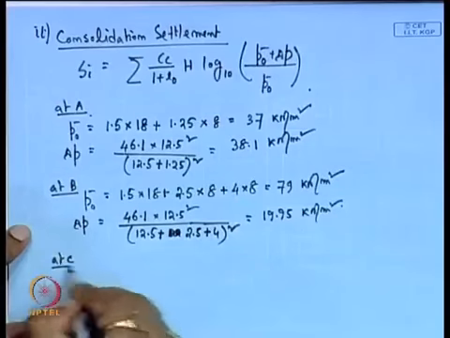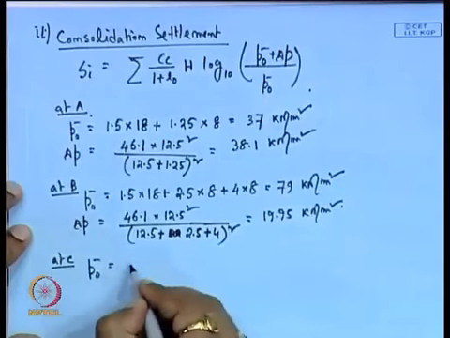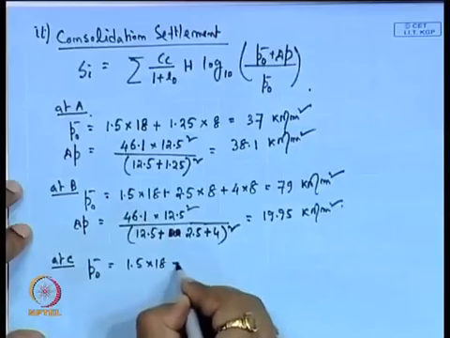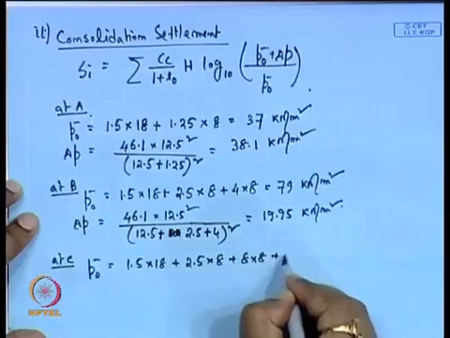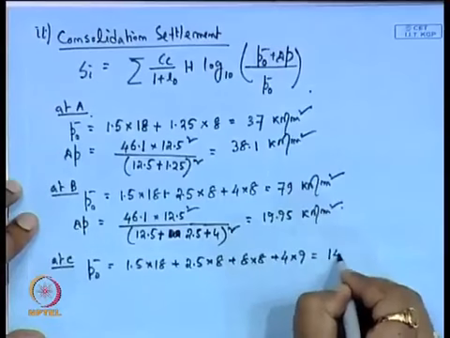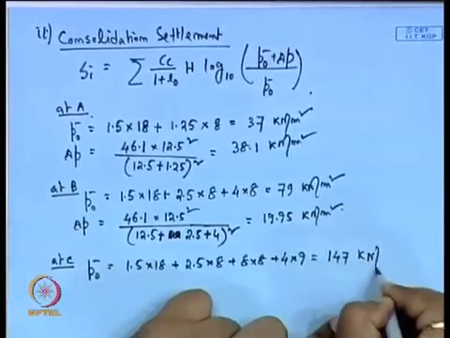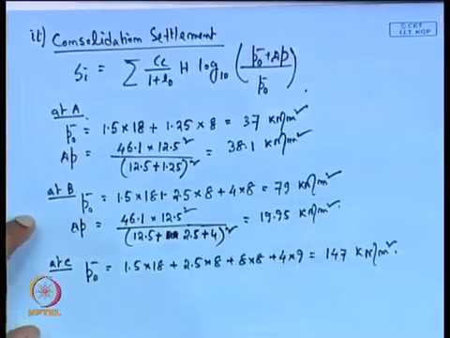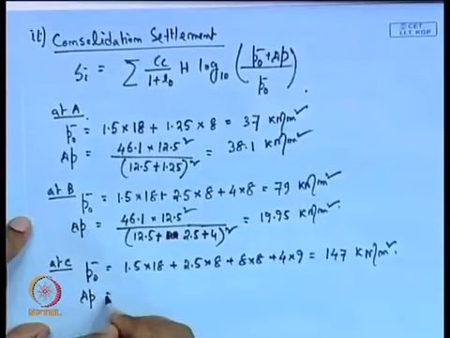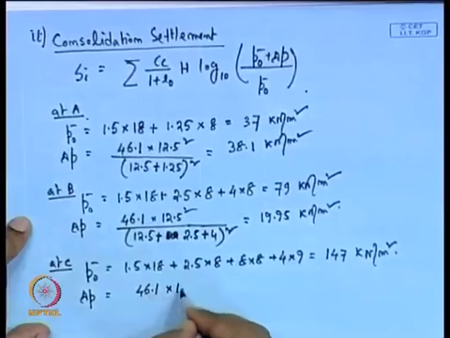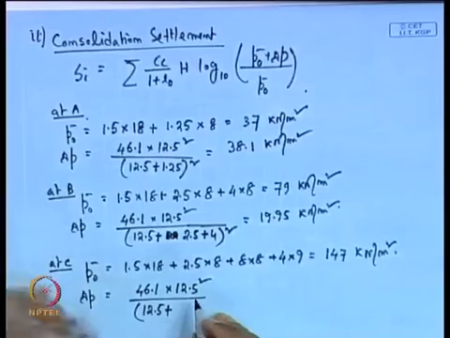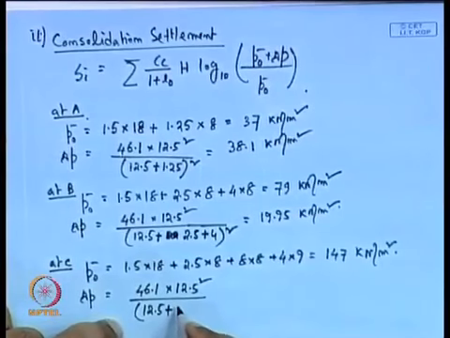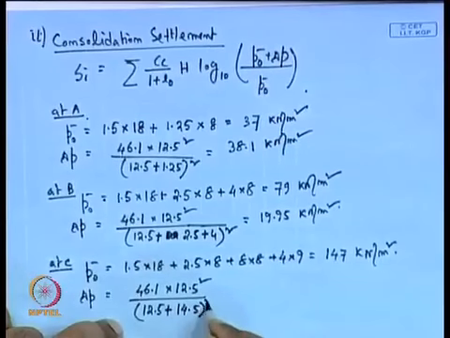Similarly, at point C, P0 bar is 1.5 into 18 plus 2.5 into 8 plus 8 into 8 plus 4 into 9. So that is 147 kilonewton per meter square. Similarly, del P will be 46.1 into 12.5 square divided by 12.5 plus the depth of this point below the foundation level, which is 14.5 meter, whole square.